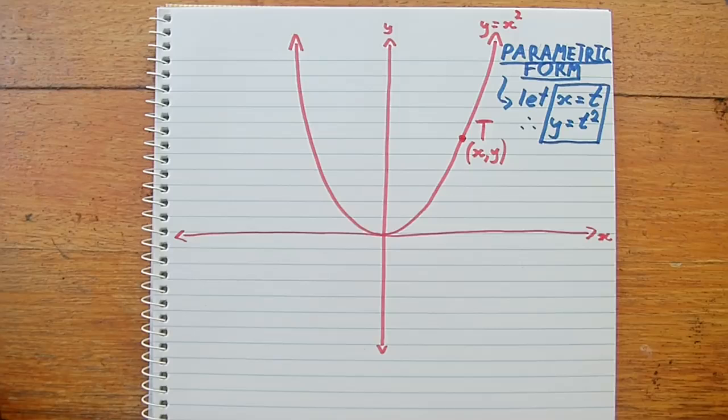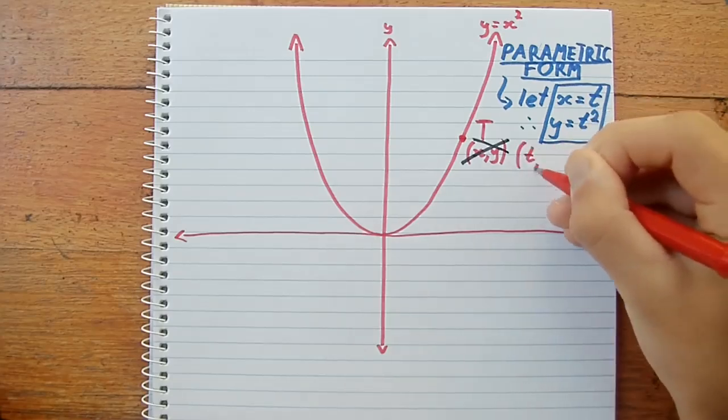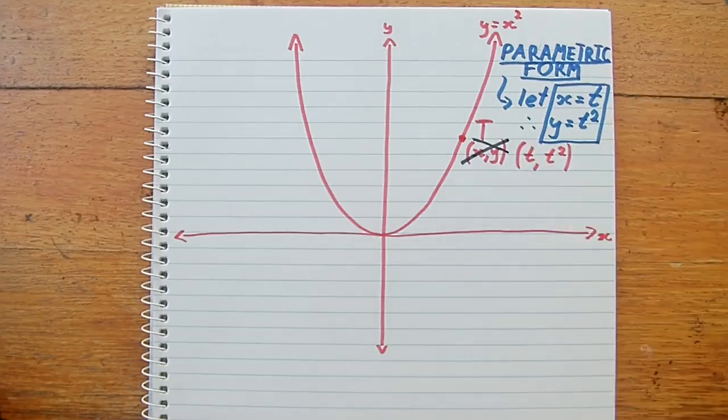But that doesn't tell you much, since x and y could be anything. But since the point lies on the parabola, we know x equals t and y equals t squared. So a better pair of coordinates for this point would be t and t squared. This way, we algebraically encode the information that this point lies on the parabola y equals x squared.